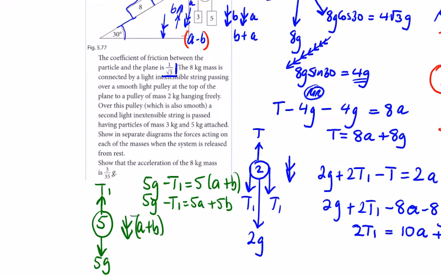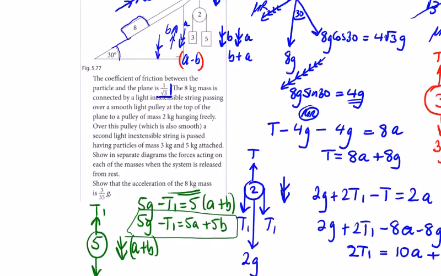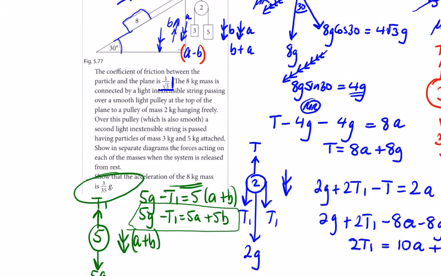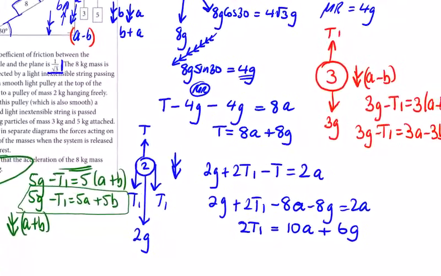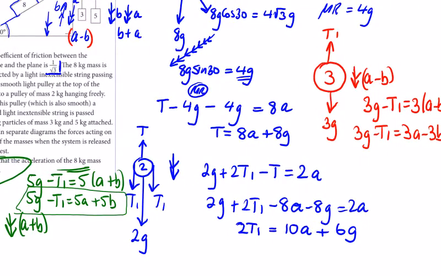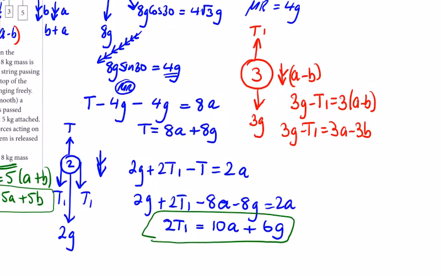Okay, let's see where we're at. We need to solve for a and b in these questions, or we actually need to show the deceleration of the 8 kilogram mass, which is a, so we just need a is equal to that. So let's see where we're at. First equation, we solve down with this 2T1. We have a 3g with an a and a b and a T1.